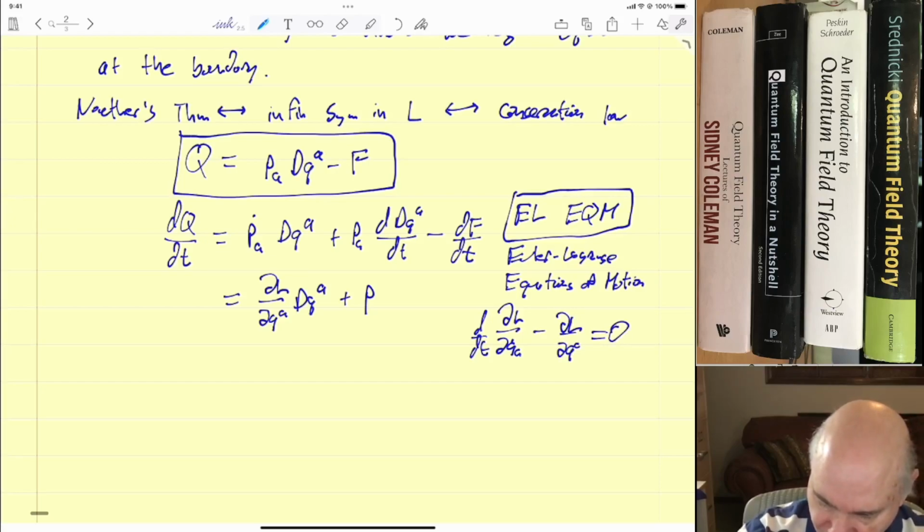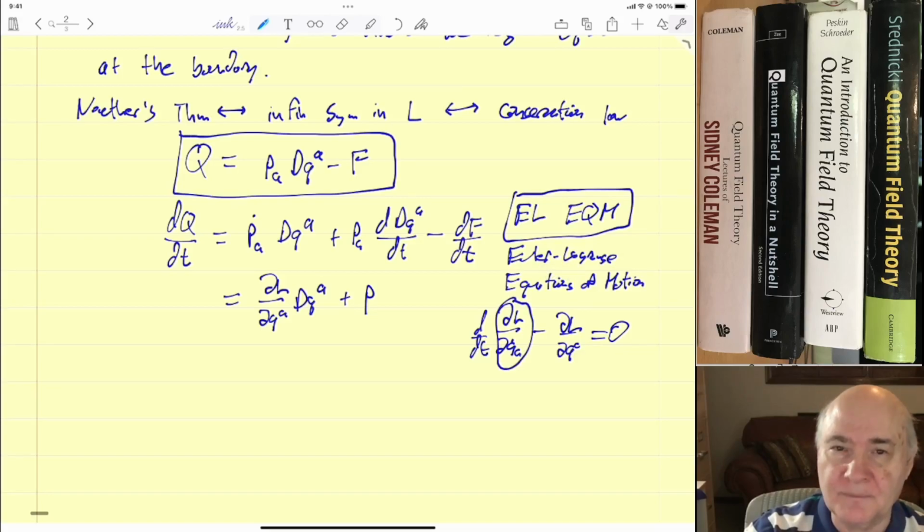So since the partial of L with respect to Q dot A is PA, this is P dot A, so I can substitute it for the partial of L with respect to QA.